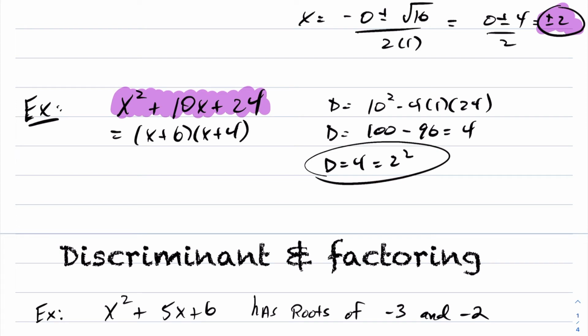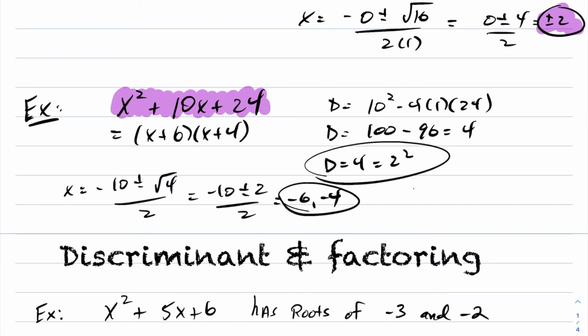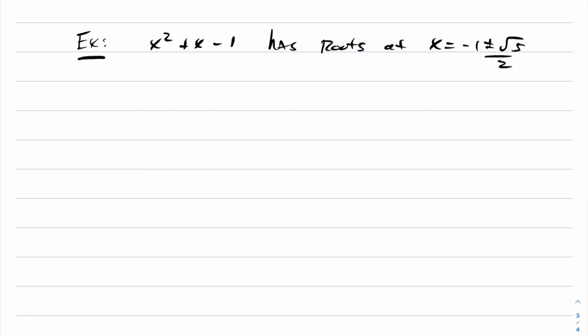And the roots here, if we go ahead and use the quadratic equation, you get negative b plus or minus the square root of 4 over 2, which is negative 10 plus or minus 2 over 2, which is negative 6 and negative 4, like we had gotten. Okay, so once again, you have a quadratic. It is factorable. The discriminant is a perfect square.